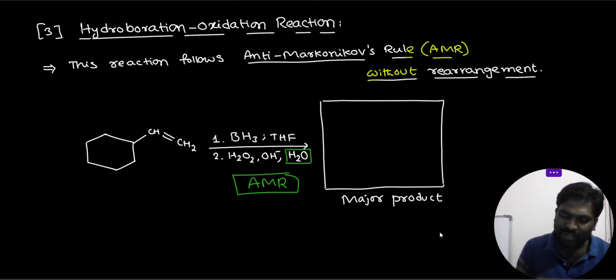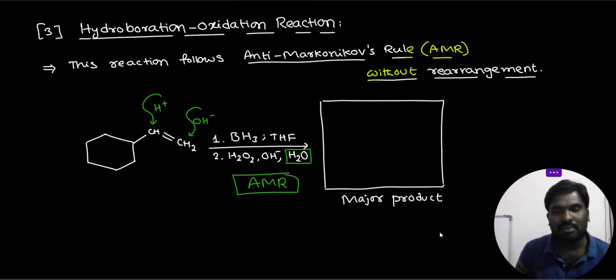Anti-Markovnikov's rule means the negative part of the reagent is added to the terminal carbon of the carbon-carbon double bond, and the positive part to the internal carbon. Here in this hydrolysis reaction water is the reagent, so the negative part is added to the carbon with more hydrogen, the terminal carbon, and the positive part to the carbon with less hydrogen, the internal carbon.